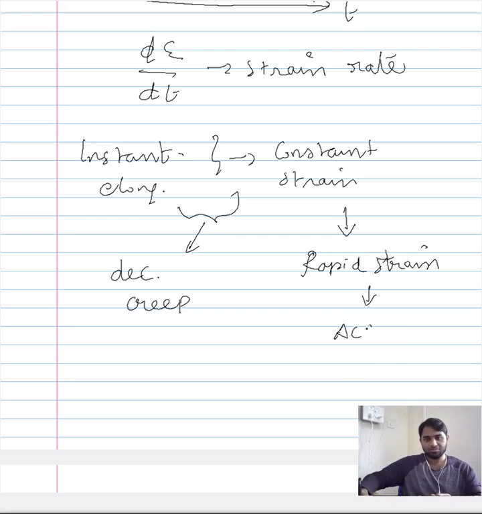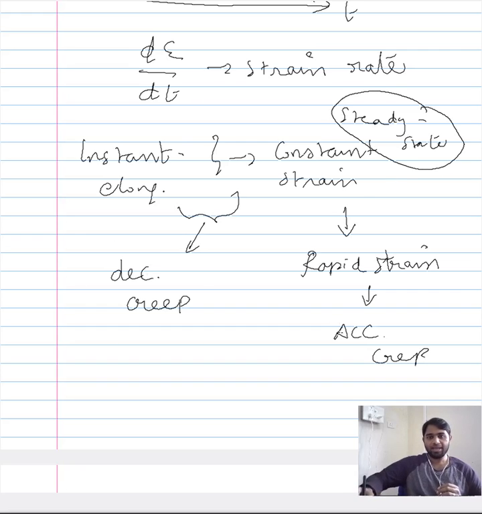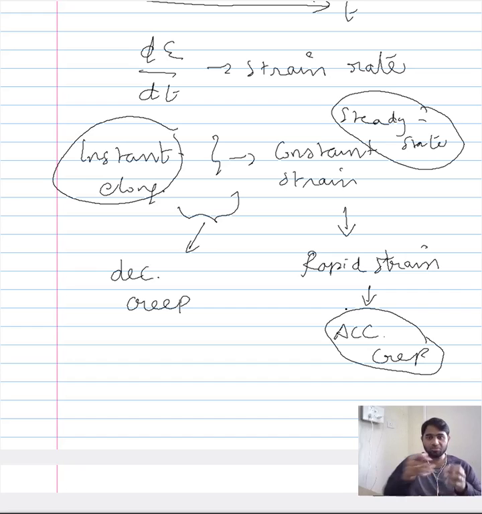And here you have the creep rate constant, therefore it is steady state creep. So you have your instantaneous elongation followed by a decelerating creep, then your steady state creep, and then followed by accelerating creep. These are the three characteristic components of the creep curve.